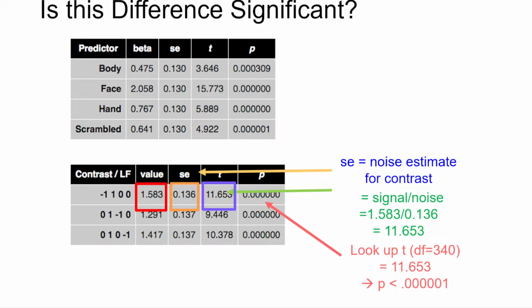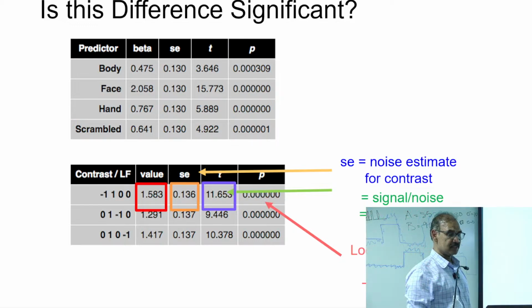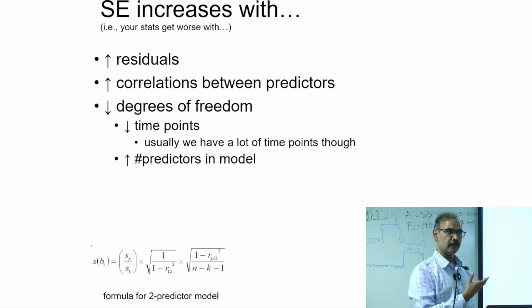As these increase, your statistics will get worse. The t-value will decrease if your noise residual power increases, like motion parameters and physiological noise, or if there is correlation between the different predictors, or if the degrees of freedom are reduced, right?